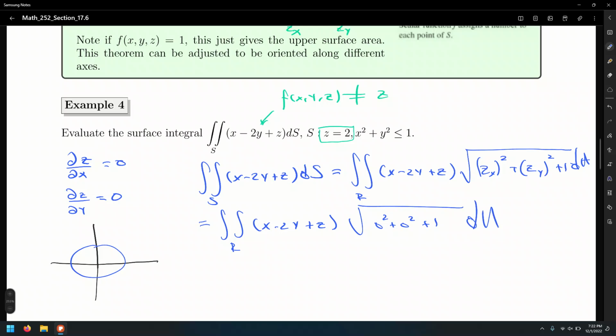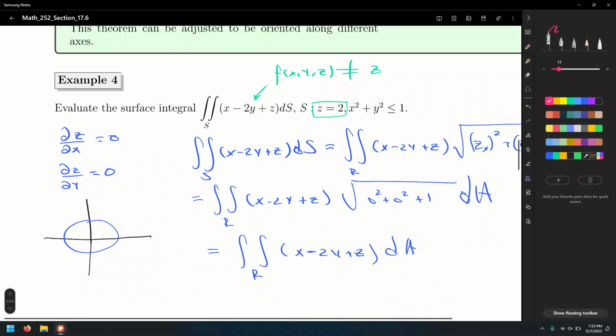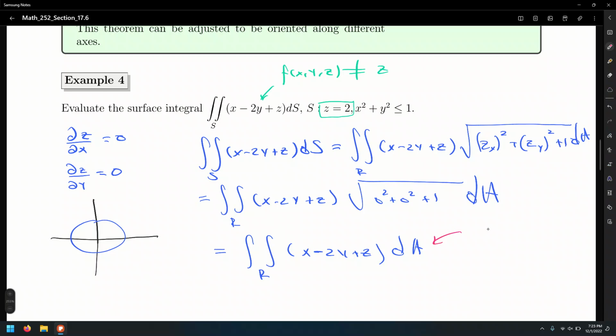So we're going to be left with the double integral over R of x minus 2y plus z. However, one thing to be careful about: notice dA is essentially dy dx.